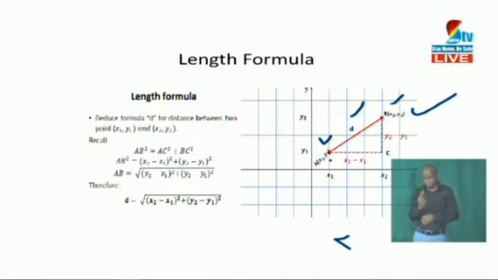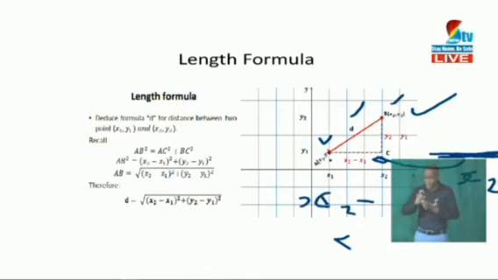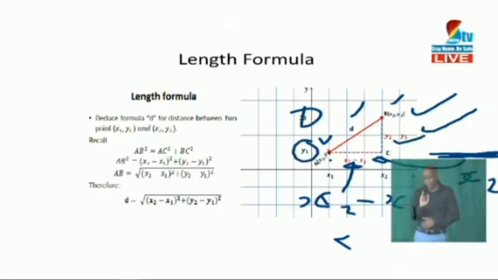So this side AC we will get by saying the second x coordinate, which is x2, minus the first, which is x1. So you'd say x2 minus x1, you get that side. And also this side, you just say the second y coordinate, which is y2, minus y1, you get BC.